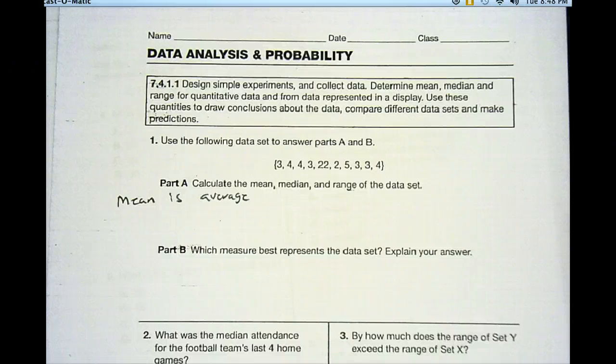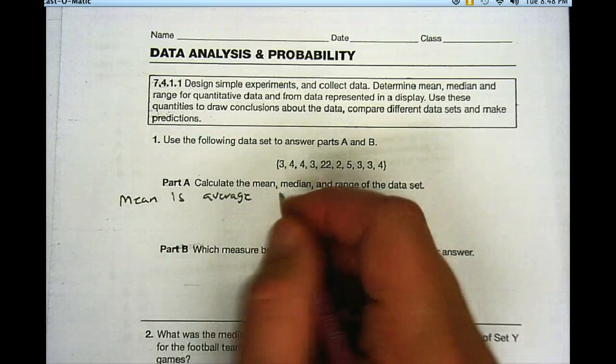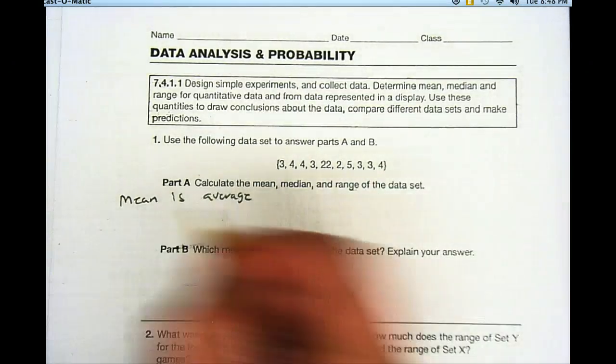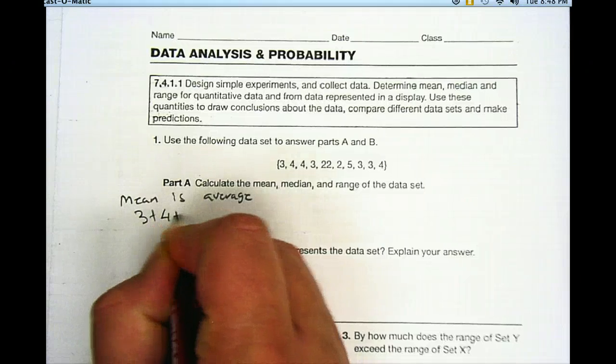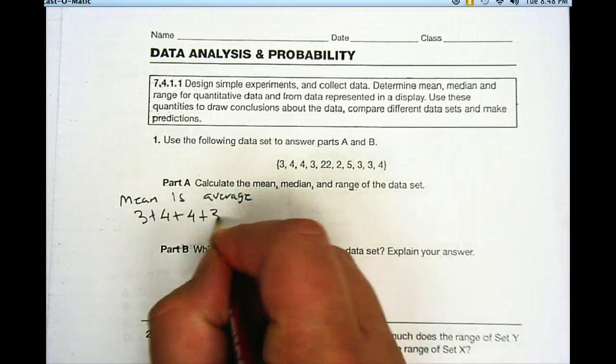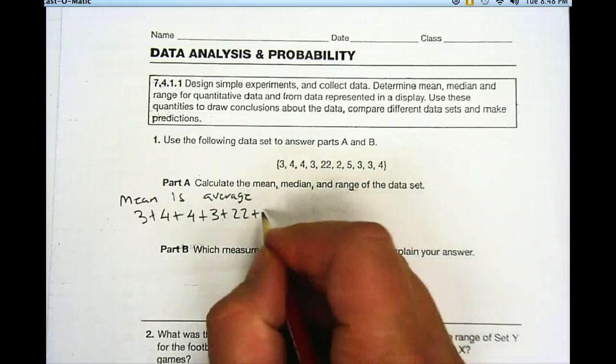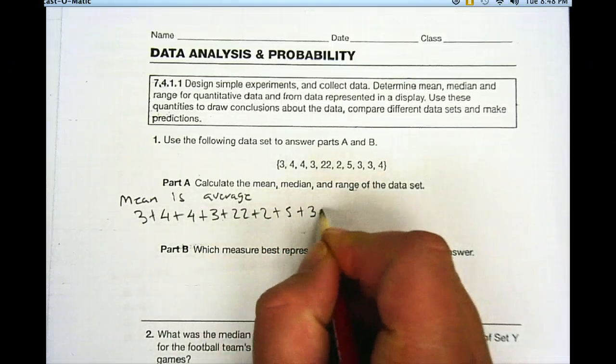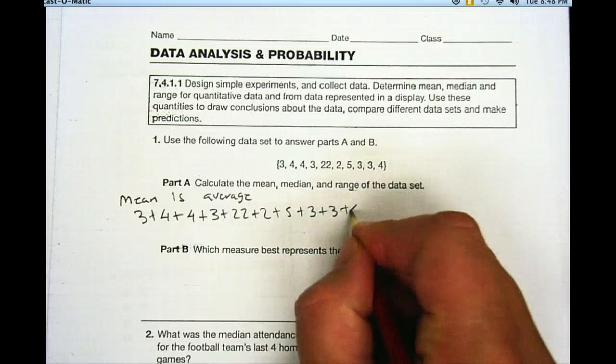So 3 plus 4 plus 4 plus 3 plus 22 plus 2 plus 5 plus 3 plus 3 plus 4 equals 53.